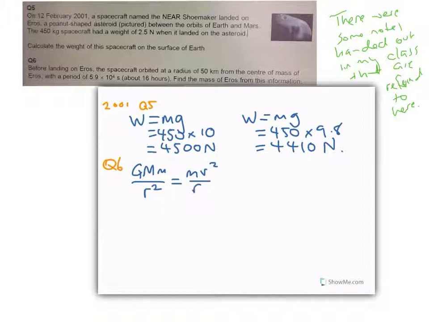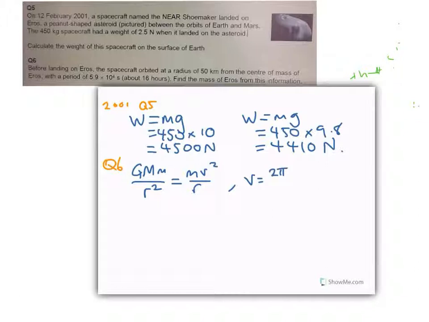It's one of the equations that's been given to you, but we also know that V is equal to 2 pi r over t. So what we're going to do is substitute that V into there.